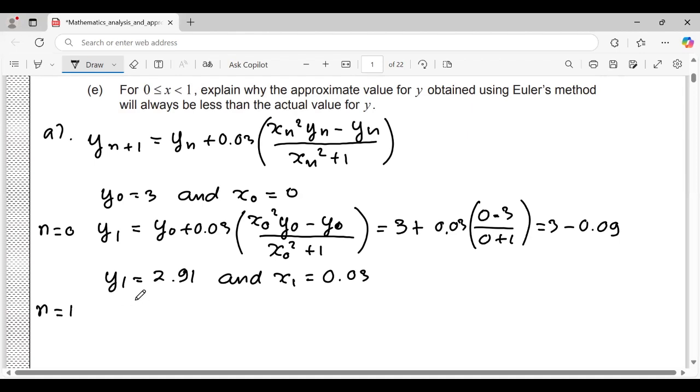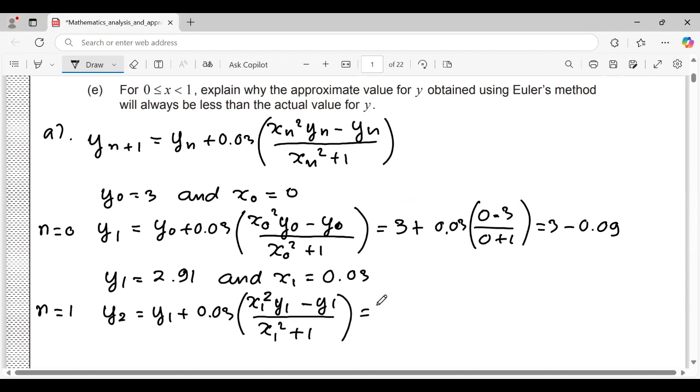If n equal 1, it means y2. y2 is equal y1 plus 0.03 times x1 squared y1 minus y1 over x1 squared plus 1.